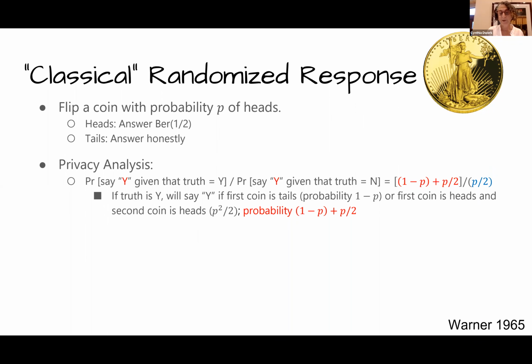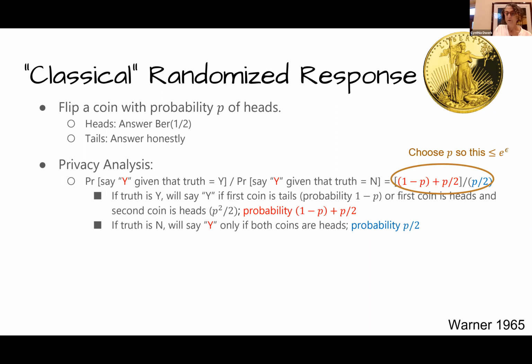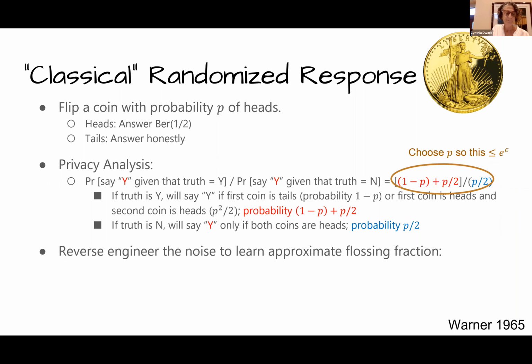So that's 1 minus P plus P over 2. So that's the numerator for this. And then if the truth is no, you'll say yes only if both coins are heads, which has probability P over 2. Okay, so good. And then you choose P so that this value is less than or equal to epsilon.